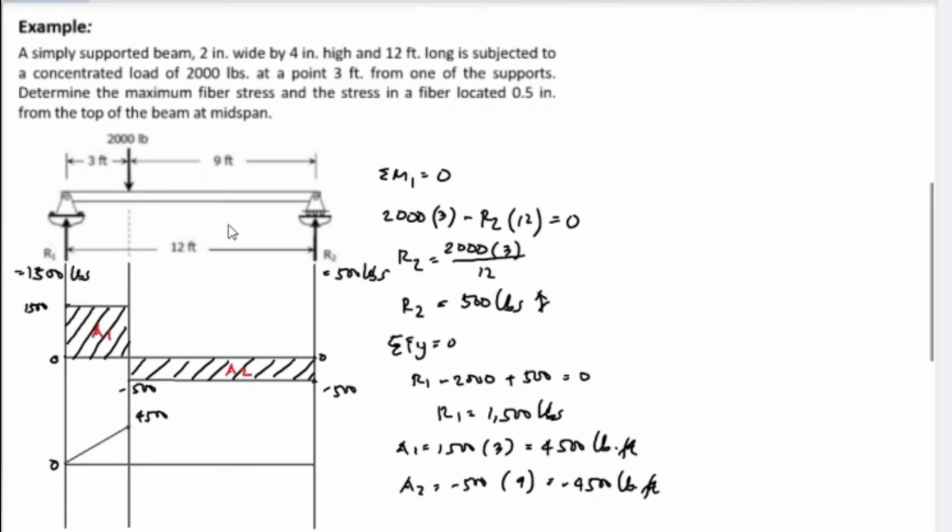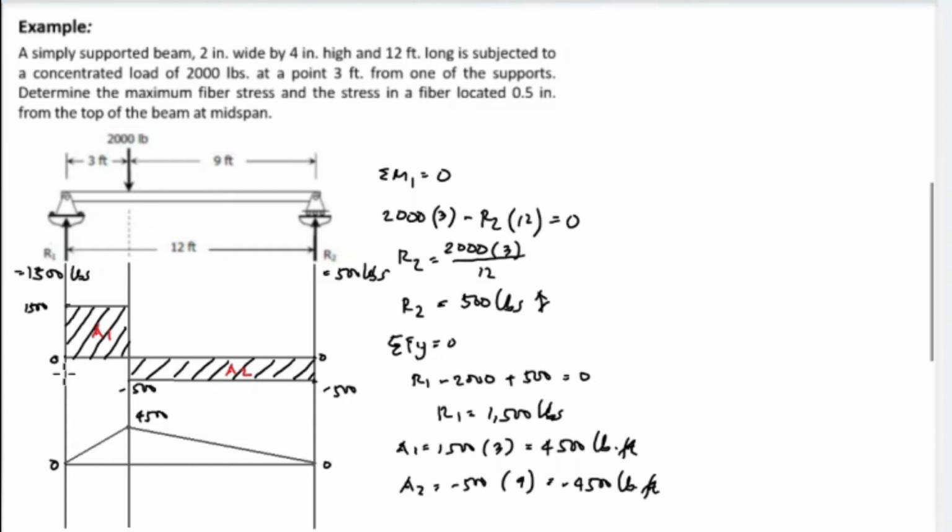And the shape is no load, horizontal, and next is diagonal. From 4,500 going to point 2, the value is 0. And we have closed the moment diagram.